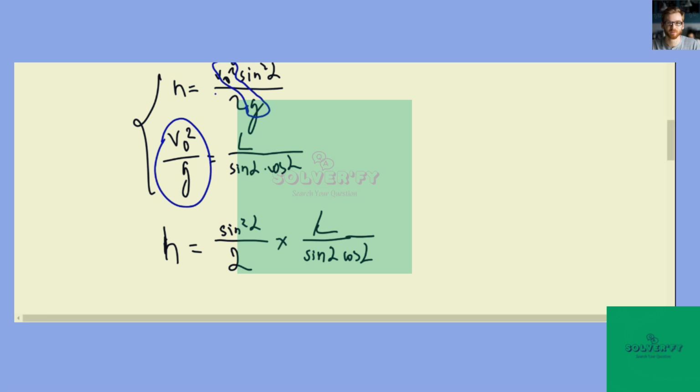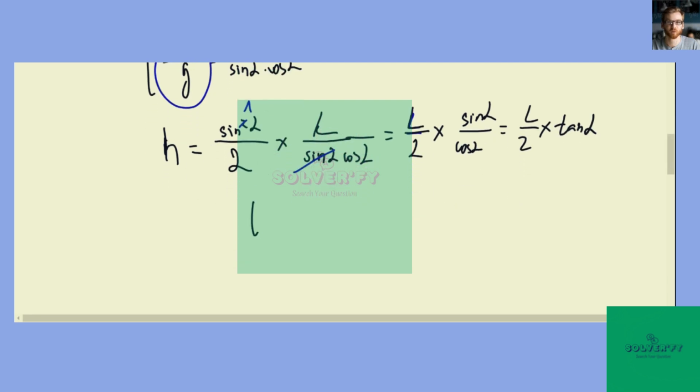Oh, that's great. Now we can get rid of sine alpha in the denominator, and in the numerator we just have sine alpha. So therefore this equation is L over 2 times sine alpha over cosine alpha, which is L over 2 times tangent alpha.